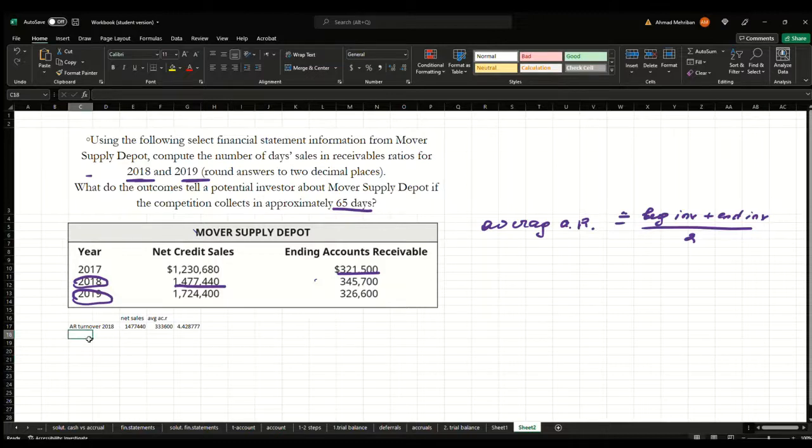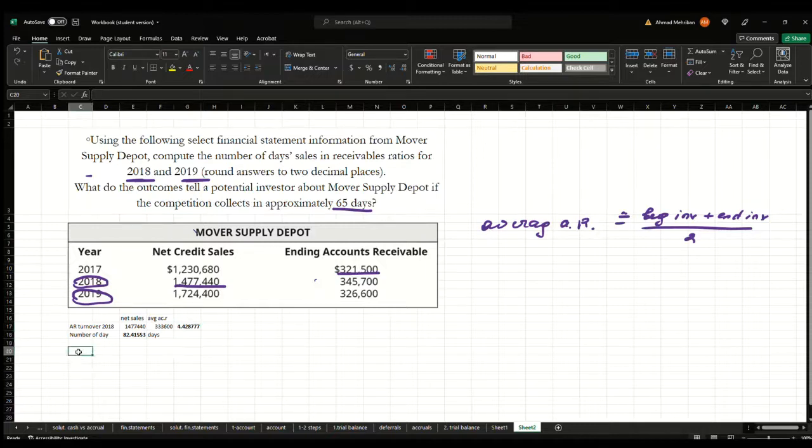If we also look at the number of days, that would be 365 divided by the ratio itself, and that gives us 82 days. I'll write here days, is our answer for 2018.